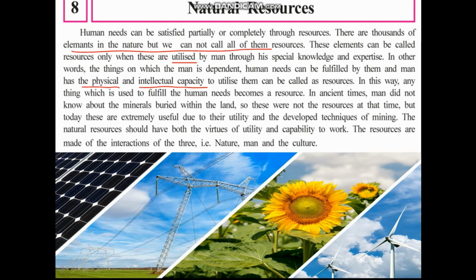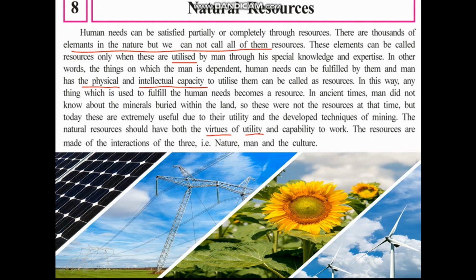Natural resources should have both virtues: utility and capability to work. It should have a utility, it should have a use. I'll give an example. Suppose when you go to a ground, you find a lot of stones there, but they are not resources for you.